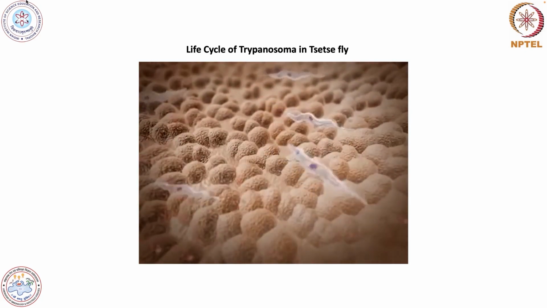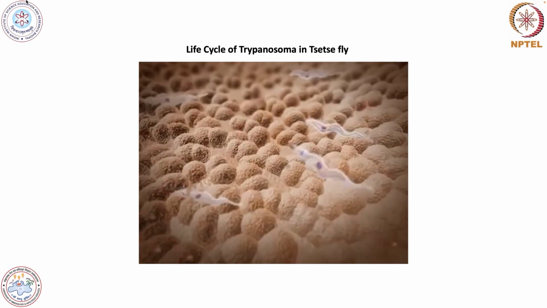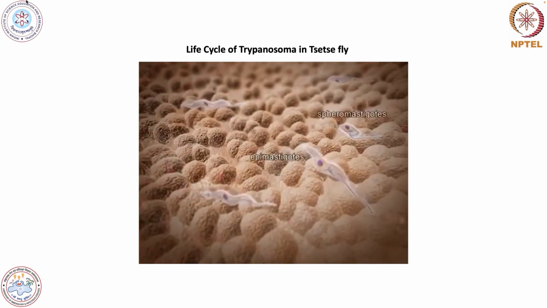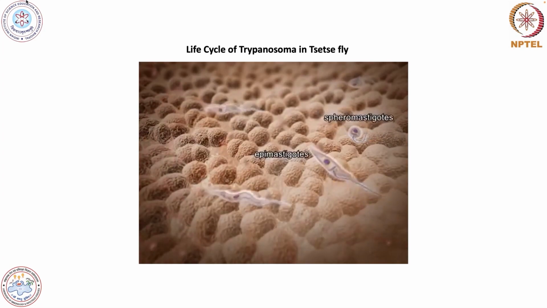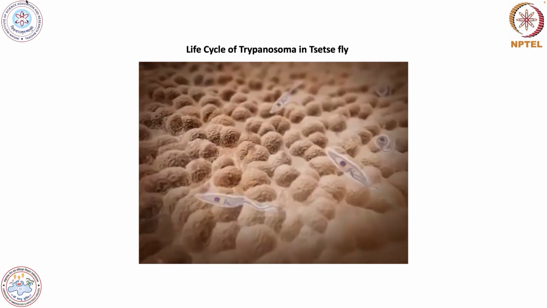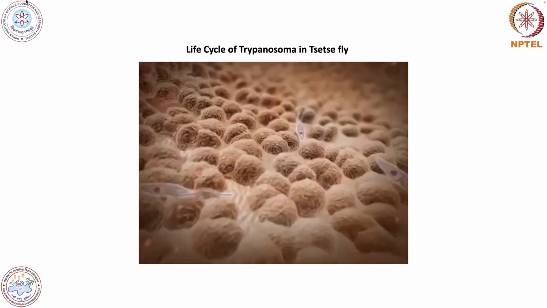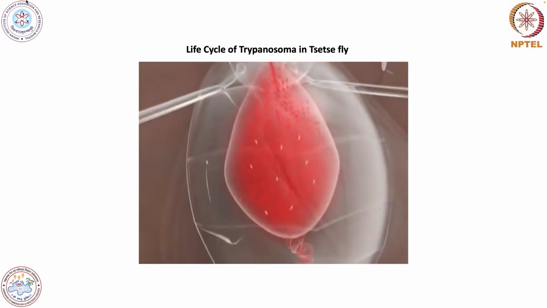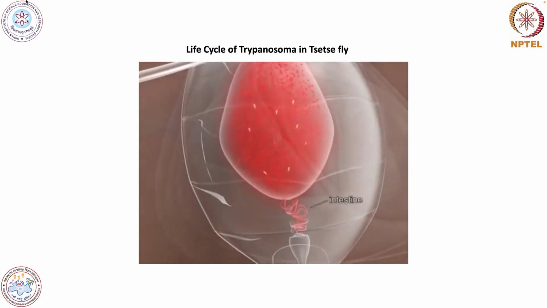In the stomach of the insect, trypomastigotes transform into epimastigotes and spheromastigotes. Note that some of the parasites in transitional forms, epimastigotes and spheromastigotes, are lysed in the stomach.